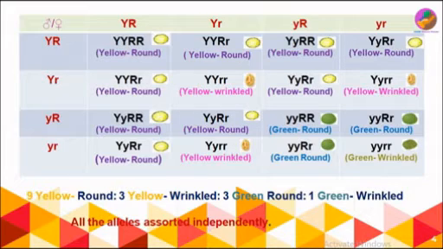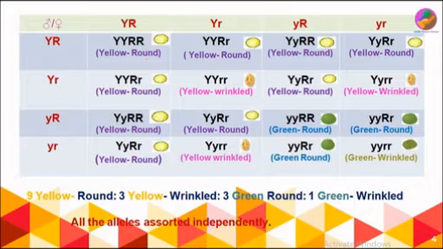This is a typical dihybrid cross, you know very well. So when we cross the first pair with the first horizontal pair, you can see this result. Such types of plants will be produced.